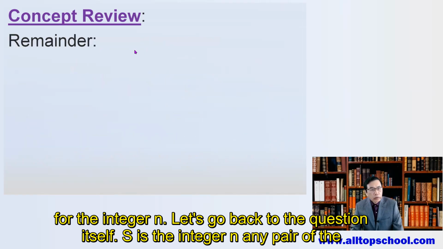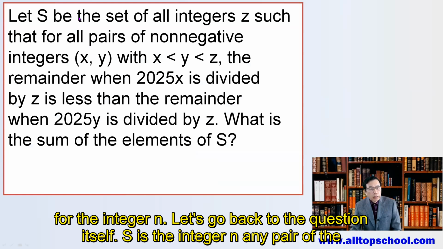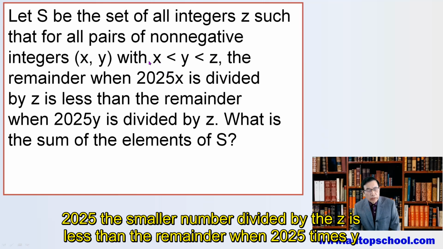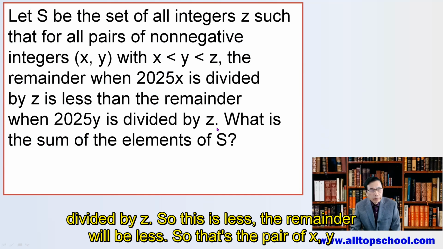Let's go back to the question itself. S is the set of integers z such that for any pair of non-negative integers x and y with x less than y less than z, the remainder when 2025 times the smaller number x is divided by z is less than the remainder when 2025 times y is divided by z.